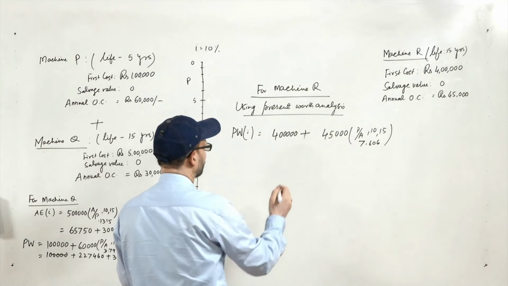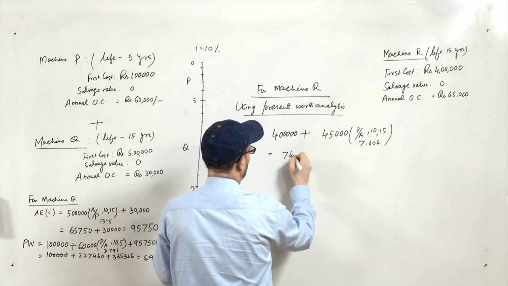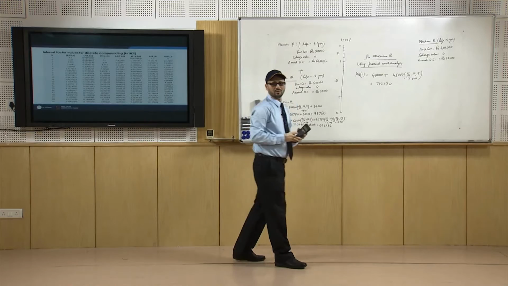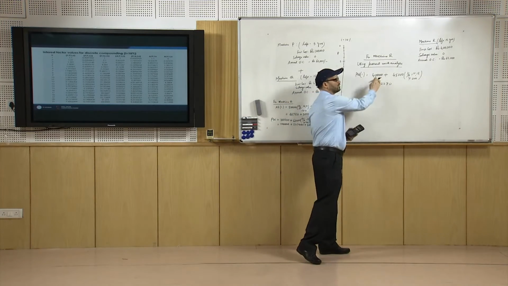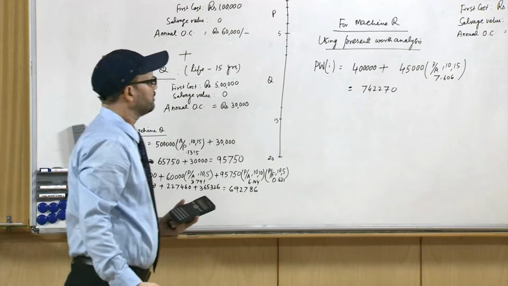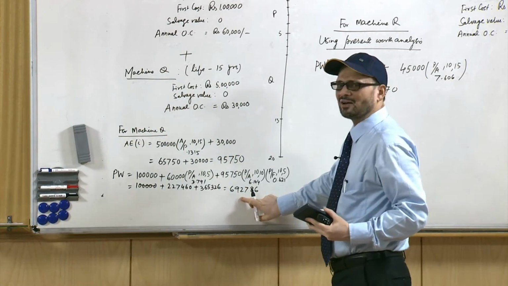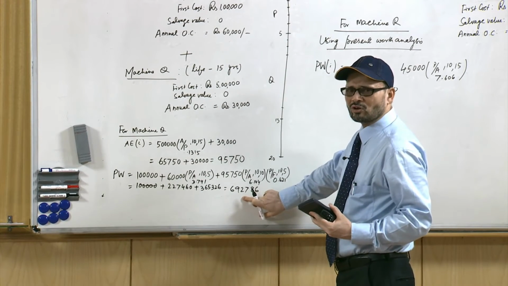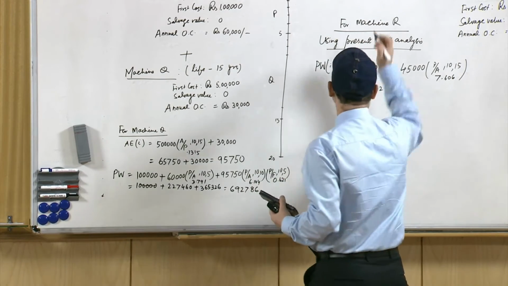So, it comes out to be 742,270. Now, if you go for machine R, the present worth value comes out to be 742,270. So, you see that plan 1 requires less amount of investment initially. So, plan 1 should be preferred.